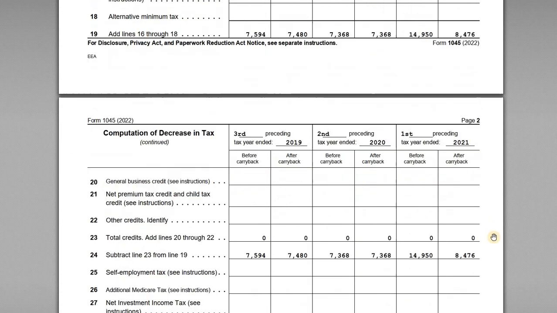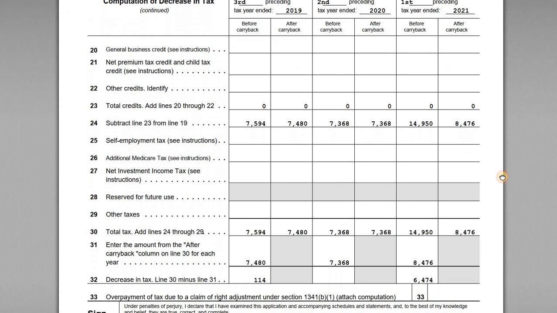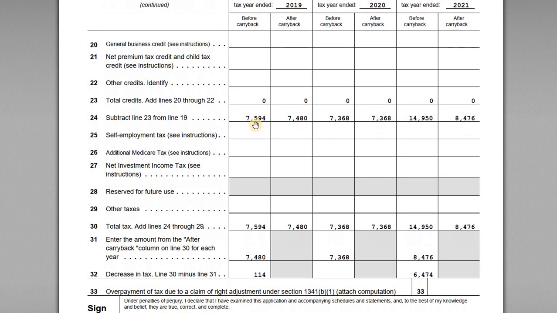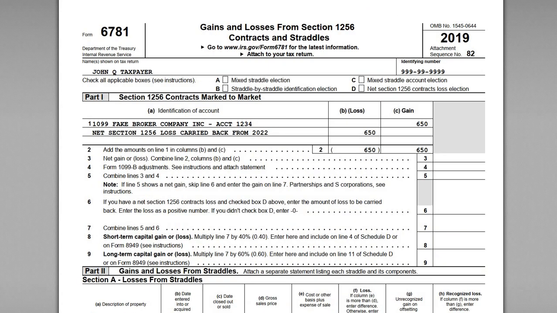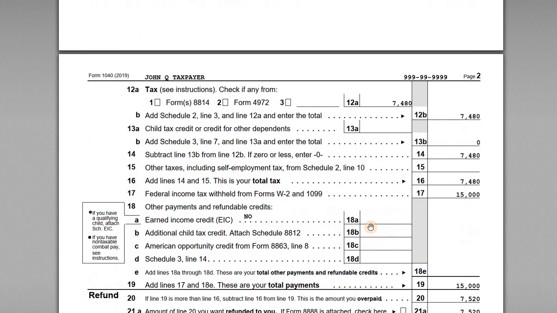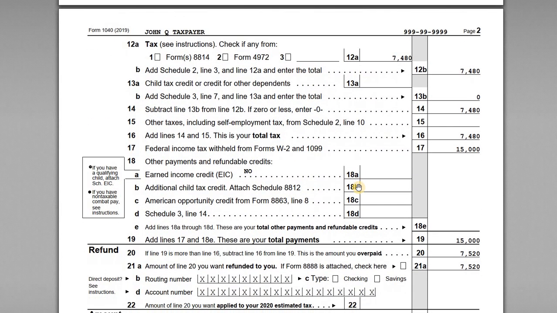All right. Now, the decrease in tax. So again, this is where we are reconciling now the total change in tax and then the amount that's going to be refunded to you. So in John's 2019 year, the amount of tax that he owed on the original return, $7,594. And then if we look at his amended filing here, on his 2019 amended return, again, it's amended in the sense we're fixing it, but we're not actually filing this return.